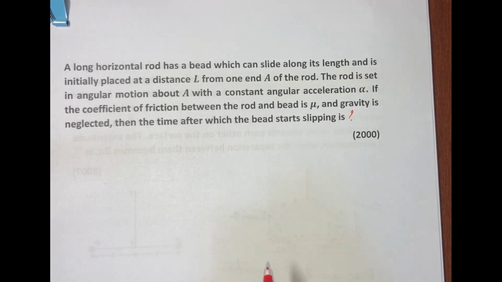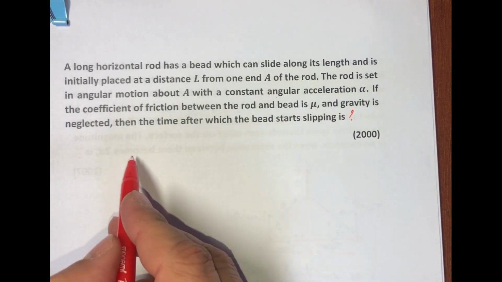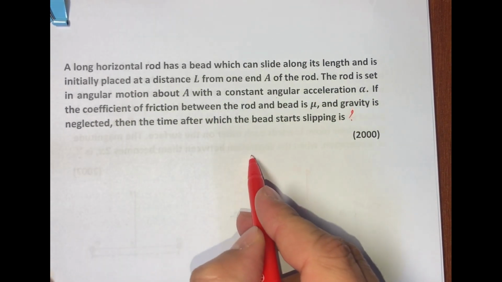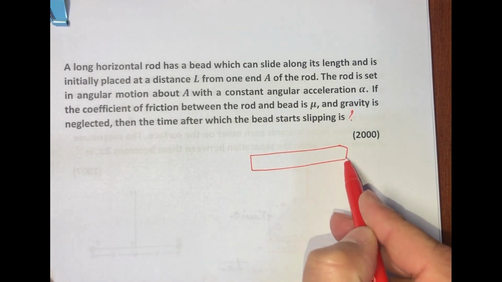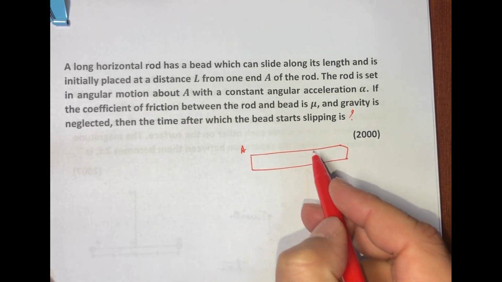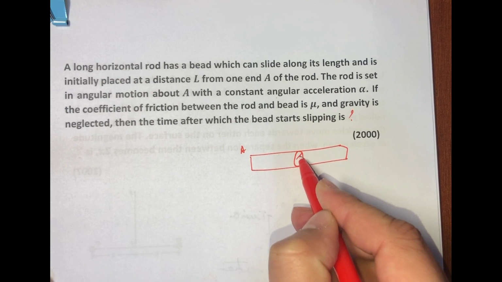So we have a horizontal rod. Let us draw the horizontal rod. This is point A, and the bead is placed at a distance L. Suppose this is the bead.